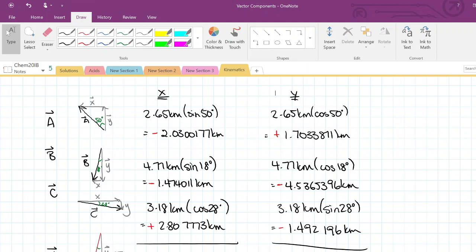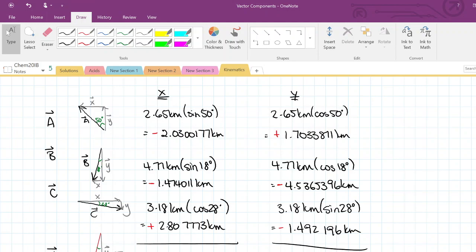So that tells me that the x is opposite my 18-degree reference angle. And I've got the magnitude of B, that's my 4.77 kilometers. So I'm going to solve for x, which means I take 4.77 kilometers times sine 18, and I got 1.474011 kilometers. Because x is pointing due west, I have to give it a negative sign.